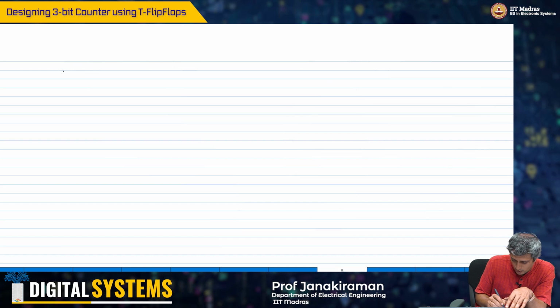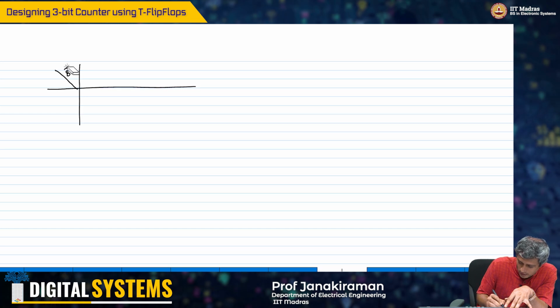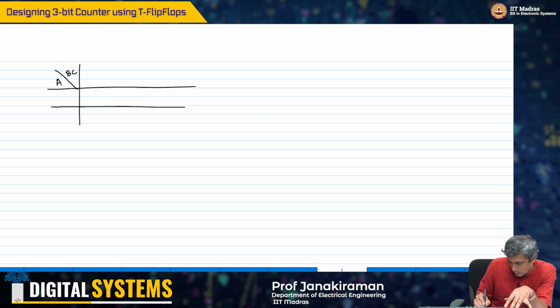So if I want to solve for TA and TB, B and C, I'm going to write out the K map now.